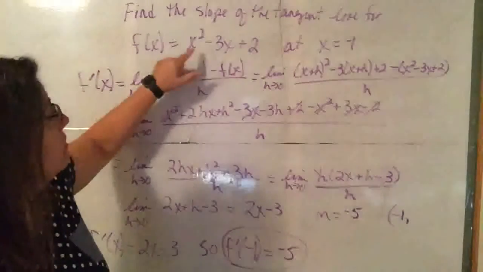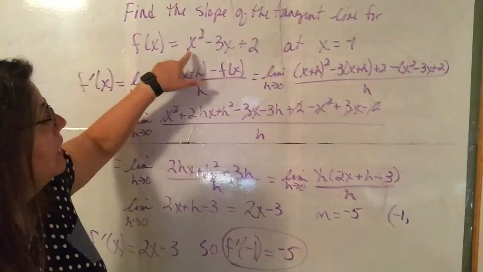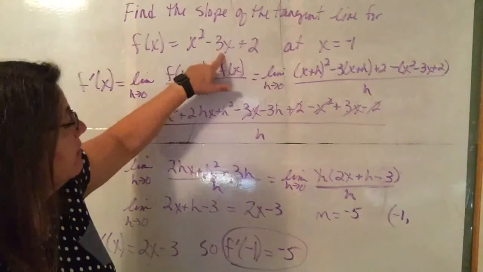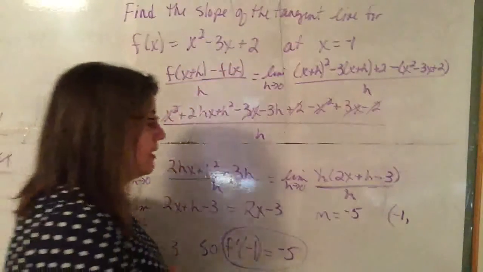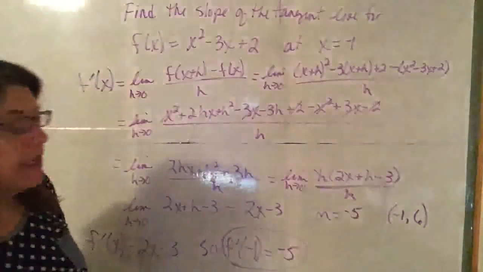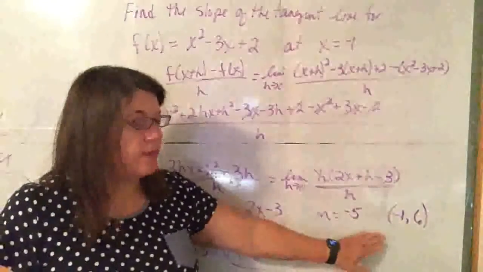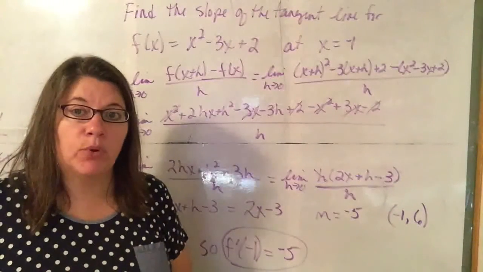Okay, so if I find f of negative 1, well, negative 1 squared is 1. Negative 3 times negative 1 is positive 3. So 1 plus 3 is 4, plus 2 is 6. So the ordered pair, when x is negative 1, is (negative 1, 6). And so then, if I want to find the equation of the tangent line, all I have to do is put that in point-slope form.